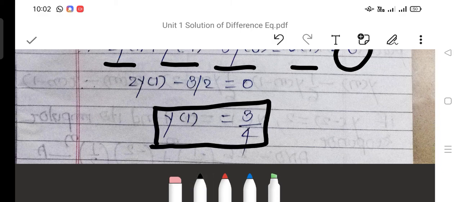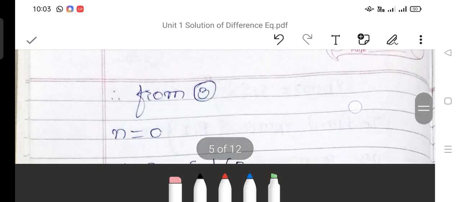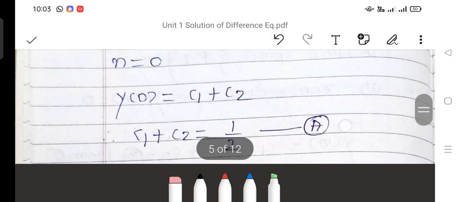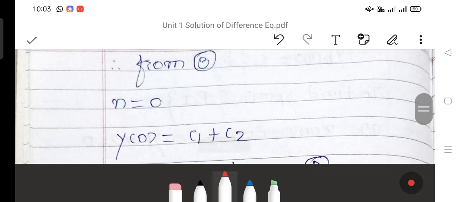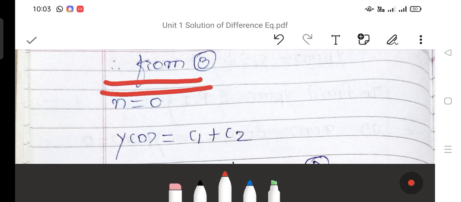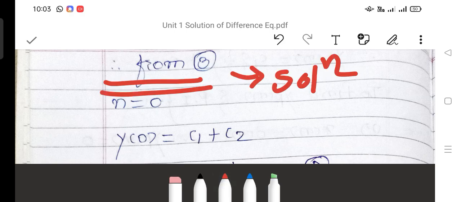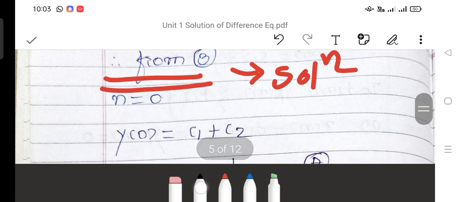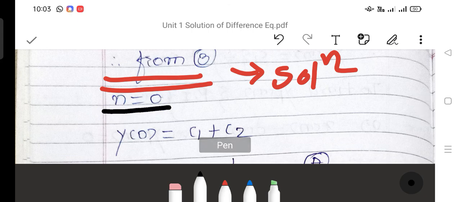Now we have y of 0 and y of 1. Now we will find two simultaneous equations and solve them for c1 and c2. From equation 3, we put the same time instant, n equals 0.